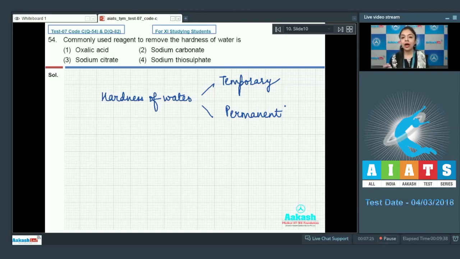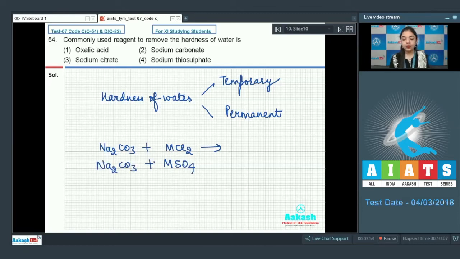It is due to the presence of magnesium and calcium hydrogen carbonates. Fine. And the permanent hardness is caused due to the soluble salts of magnesium and calcium, but in the form of chlorides and sulfates. So the most commonly used reagent to remove the permanent hardness of water is sodium carbonate. So what happens is that the sodium carbonate reacts with chlorides as well as sulfates.